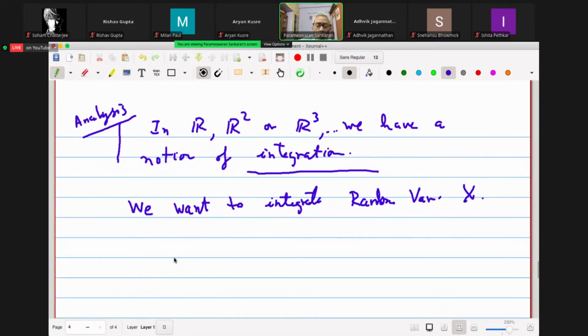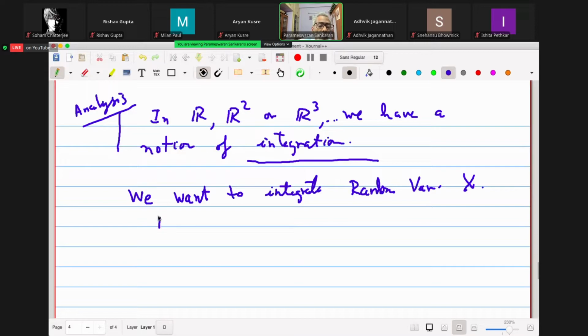So first we do this for a very special type of random variable, which are indicator functions. Maybe I wrote I sub A, A in F.